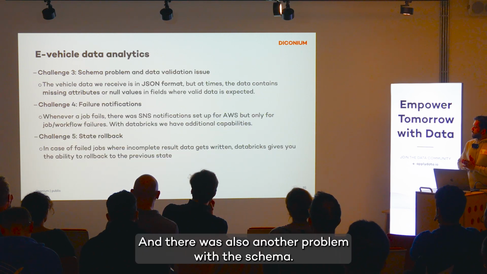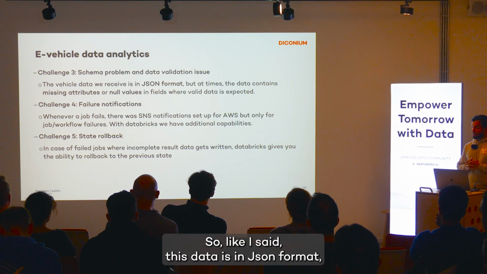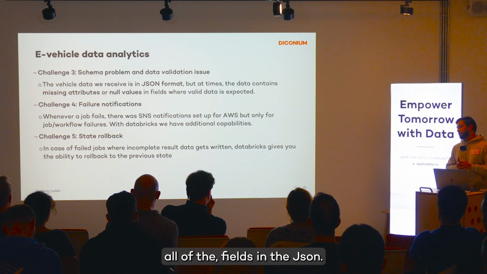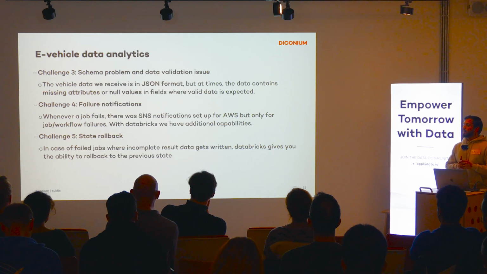And there was also another problem with the schema. Like I said, this data is in JSON format, and there is no guarantee that you will receive all of the fields in the JSON.